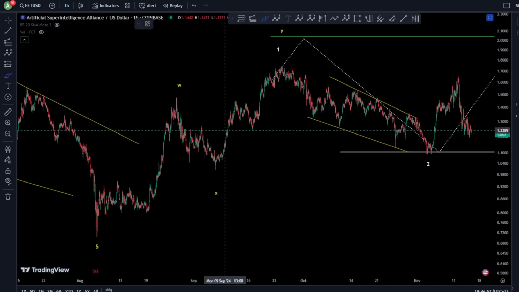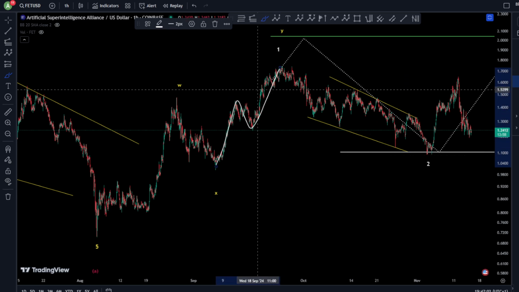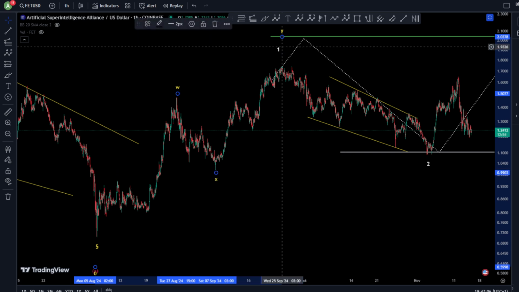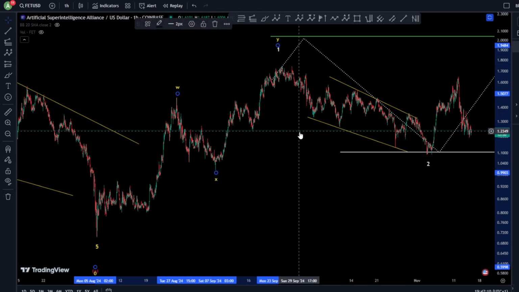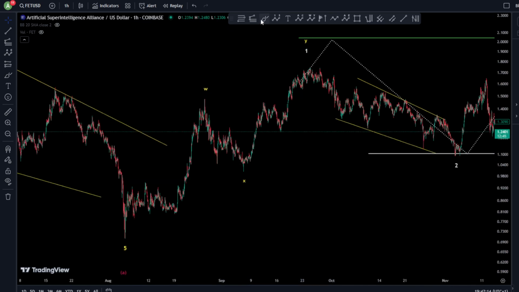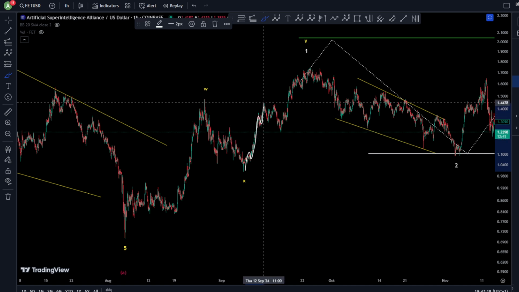However, this also still looks a little bit like 3 waves, right? Which brings us also to the possibility that this is a W, X, and a Y rather than an ending diagonal, right? So all the possibilities are still open, especially since your wave 2 is a little bit shallow here. 3, 4, 5 for your wave 1, okay, that's fine.